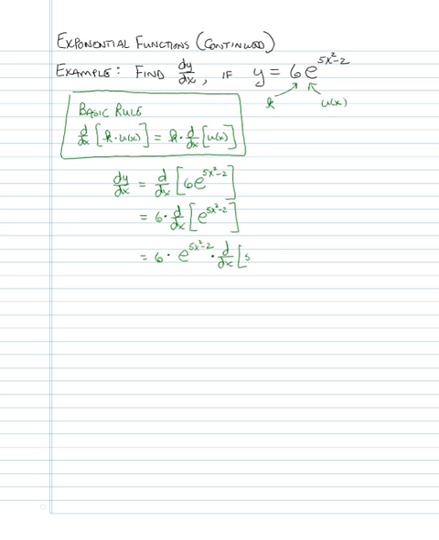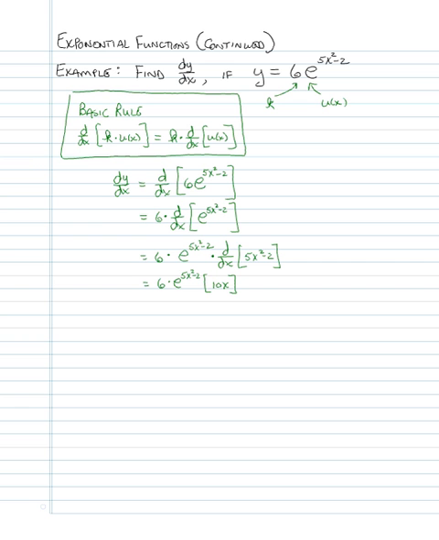And of course, that power is 5x squared minus 2, and so the derivative of that power would be, what, 10x? So this ends up being 6 times e to the power of 5x squared minus 2, and of course, that derivative ends up being 10x.